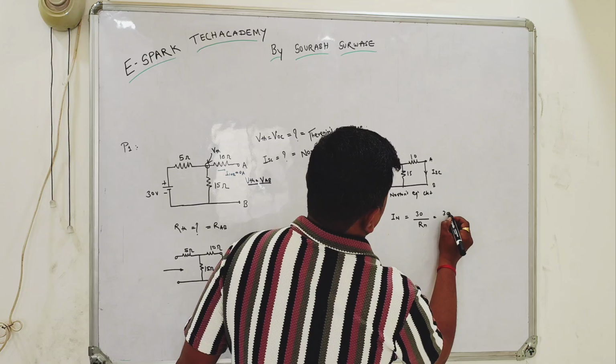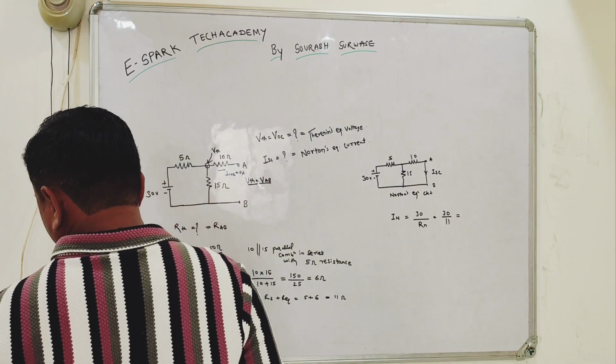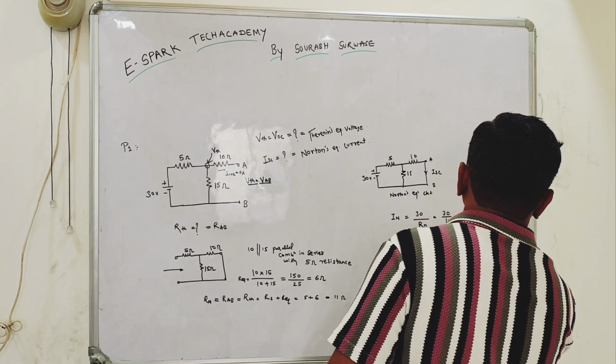You can say 30 divided by 11, which is nothing but 2.27 amps.